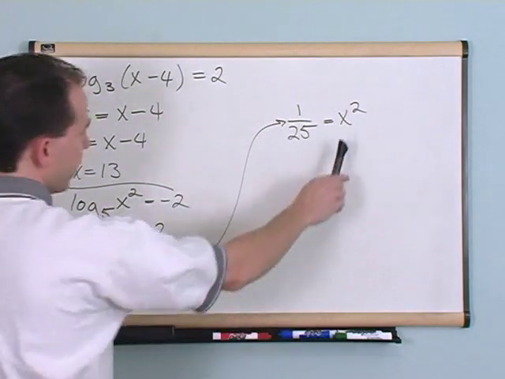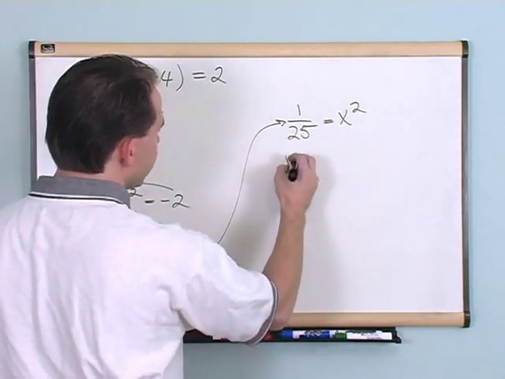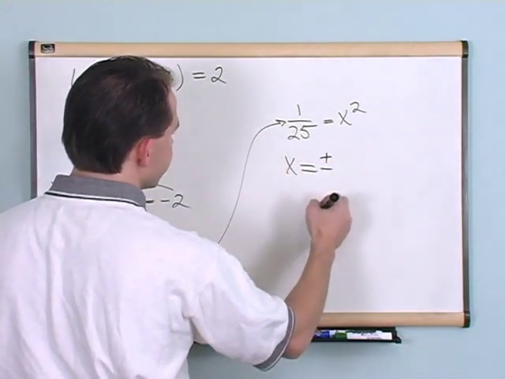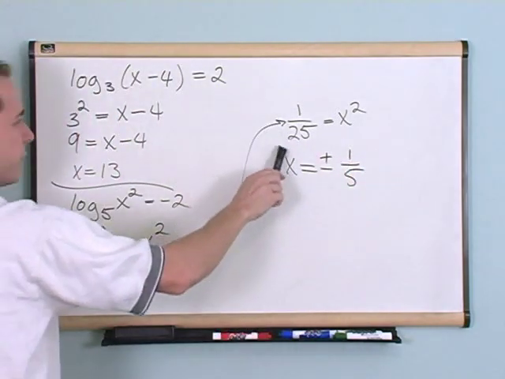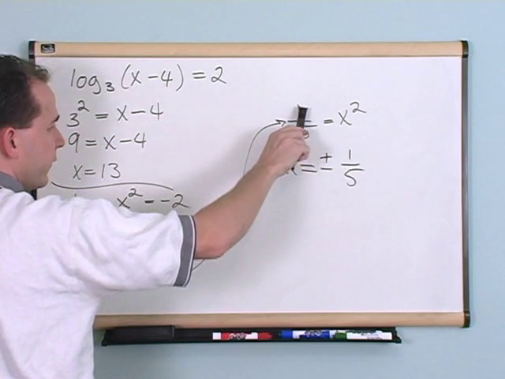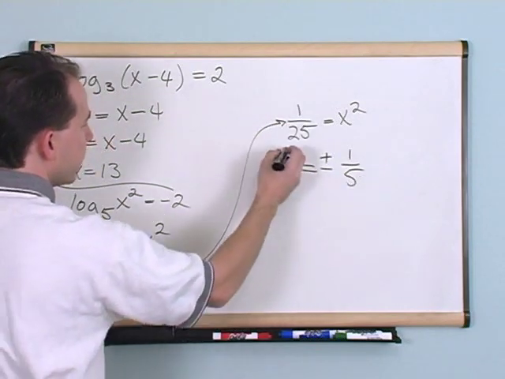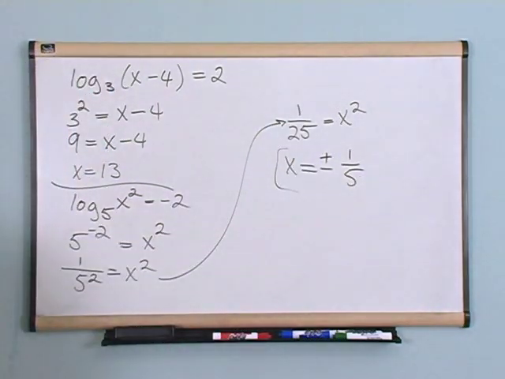And of course, to solve for x, you take the square root of both sides. So x is going to equal plus or minus 1/5. Square root of 1 is 1, square root of 25 is 5. So you'd have two answers, plus or minus 1/5.